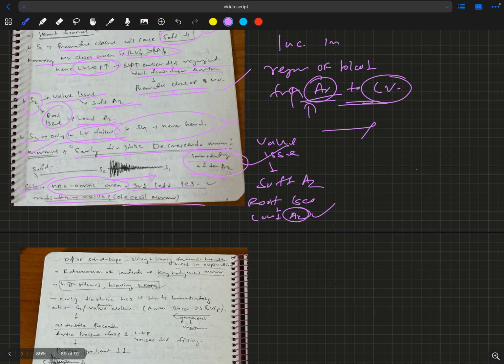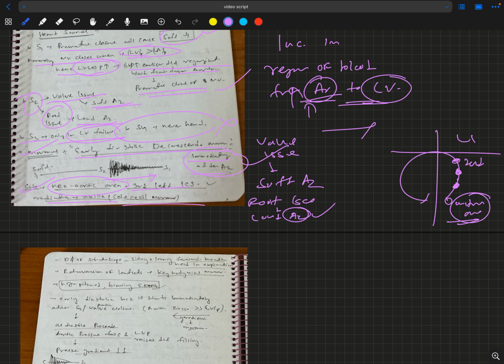These are the areas we auscultate in an anti-clockwise manner. Suppose this is the mitral area. Mitral area is in the fifth intercostal space, mid clavicular line, 2.5 centimeter medial. Then this is the left second intercostal space, that is the pulmonary area.